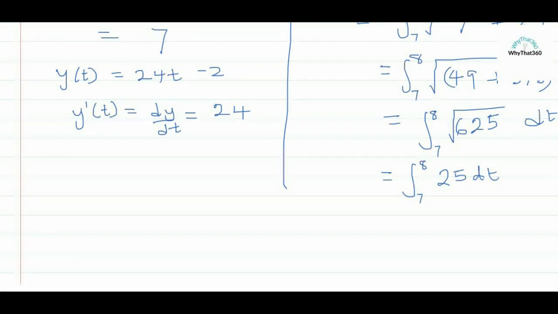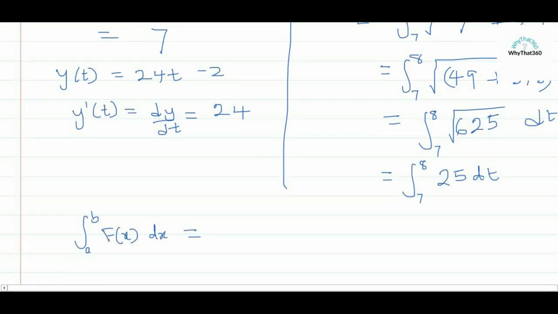So to do that, we know from the fundamental theorem of calculus that whenever we are to integrate a function from a to b of f of x with respect to x, that is equal to f of b minus f of a.